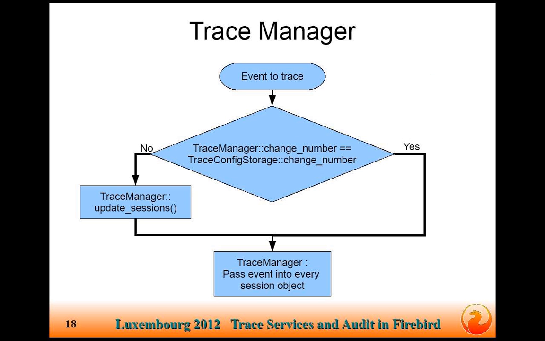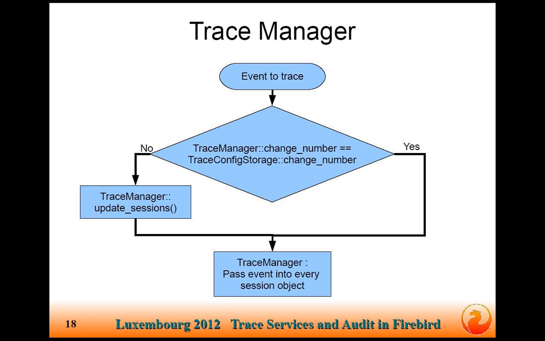Well, how does Trace Manager detect these changes in the configuration? One obvious but not efficient way is that the Trace Manager could constantly ask the storage, have you changed, have you changed, have you changed.